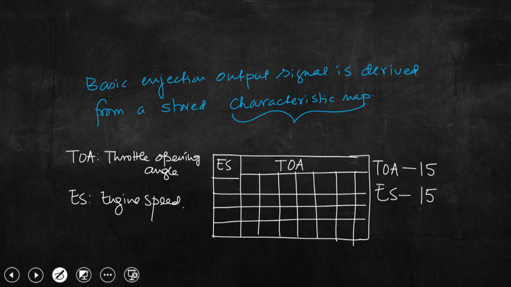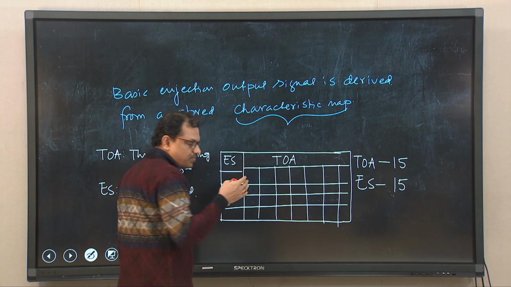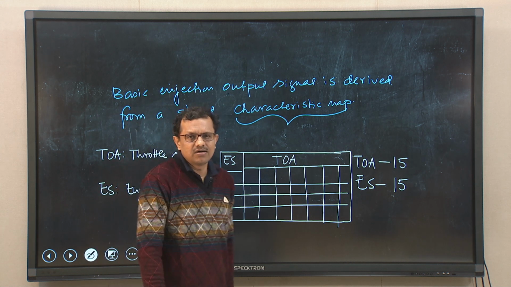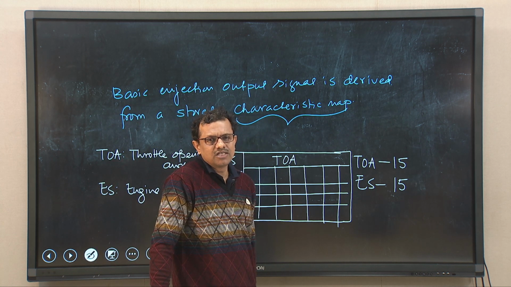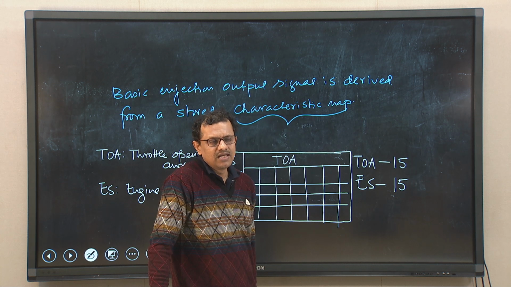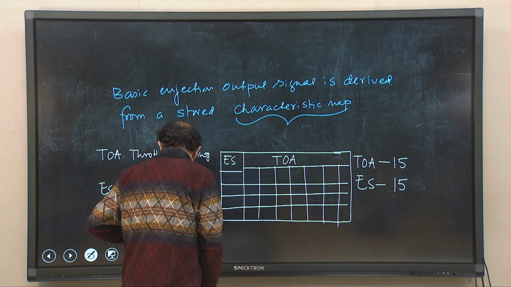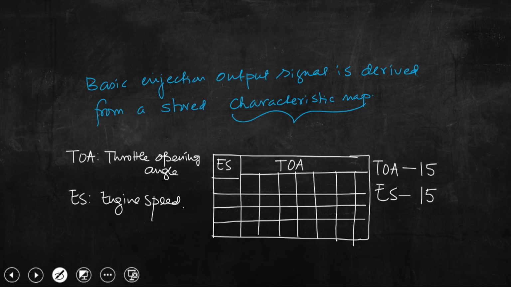So, what is throttle opening? Different angles. As you have studied in your internal combustion engine course, throttle opening indicates whether the throttle is fully closed or fully open. That means it is very important how far the throttle valve is open. So, this is essentially the indication of throttle opening angle.